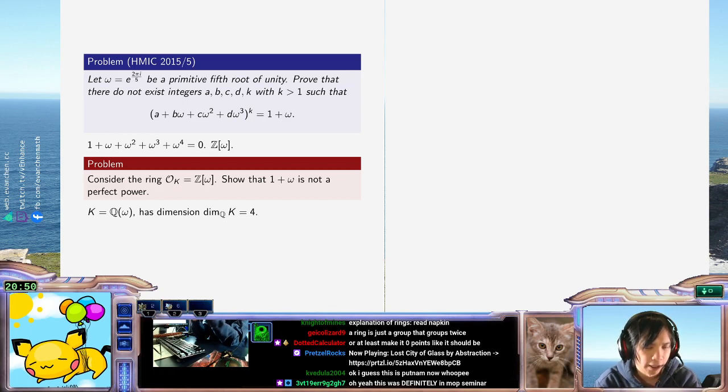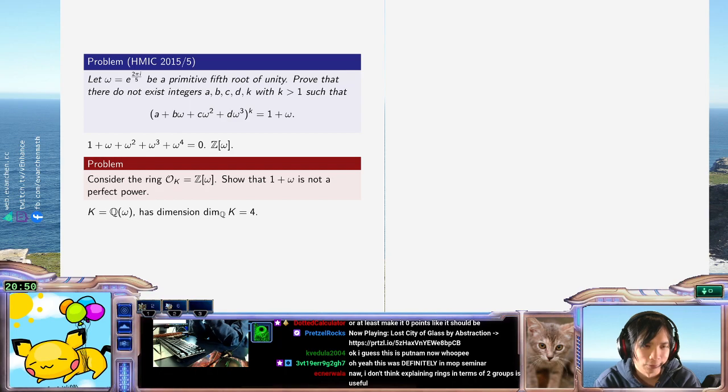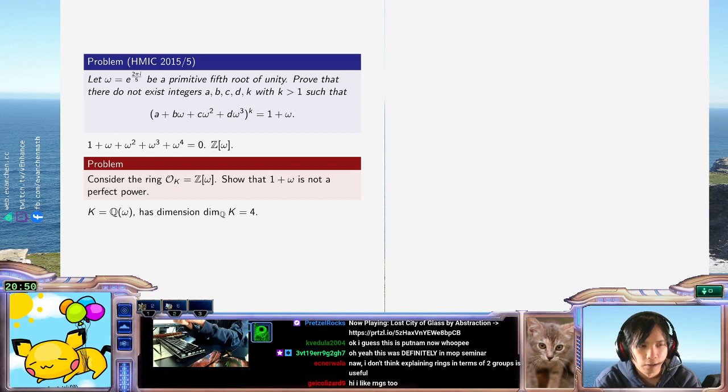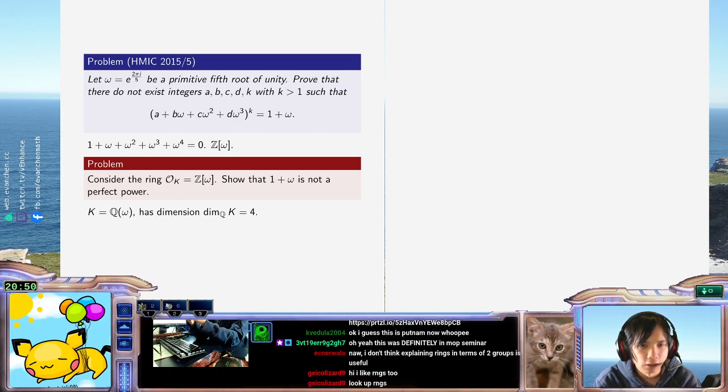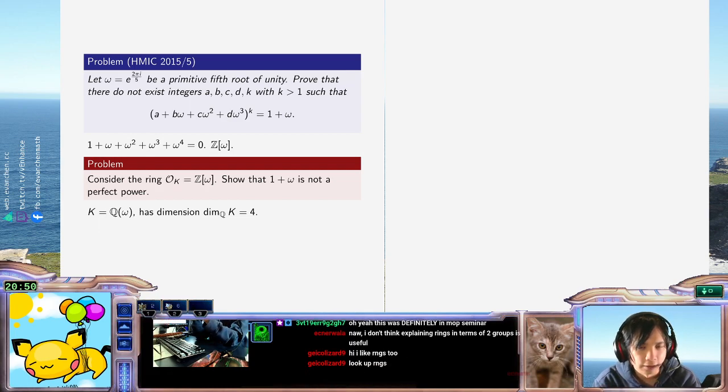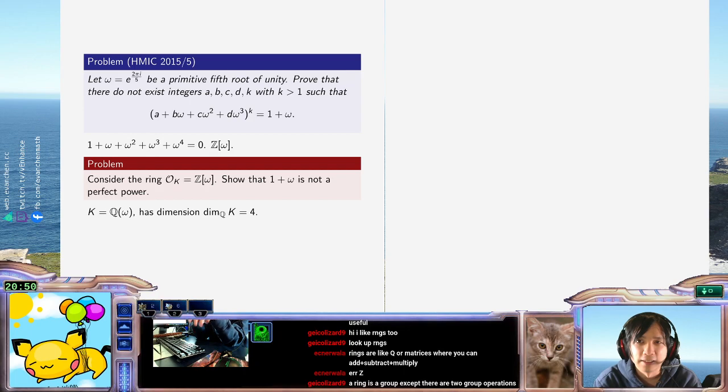The integers you can add, subtract, and multiply, but you can't divide, in the sense that the quotient of two integers might not be an integer. However, Z lives inside Q, meaning that in the rational numbers you can divide, in the sense that the quotient of two rational numbers is a rational number. So we say that Z is a ring and Q is a field, and in fact Z is the ring of integers of Q.